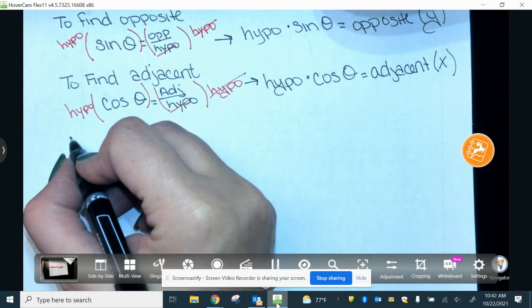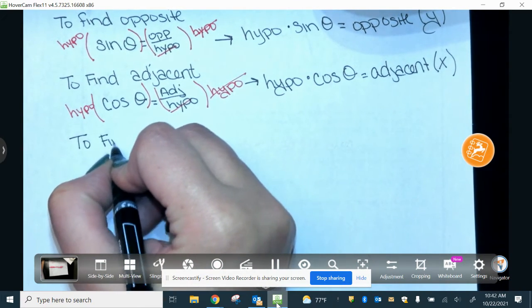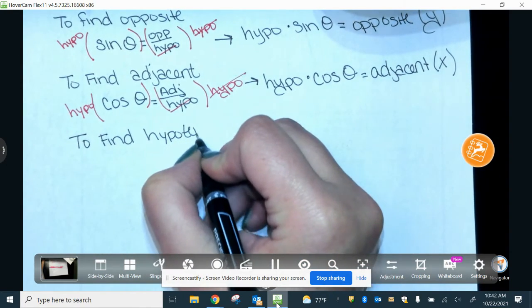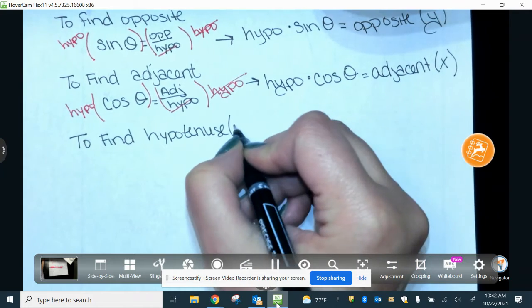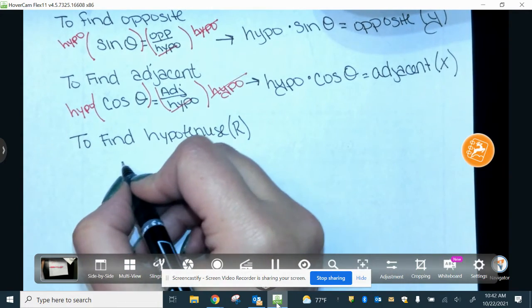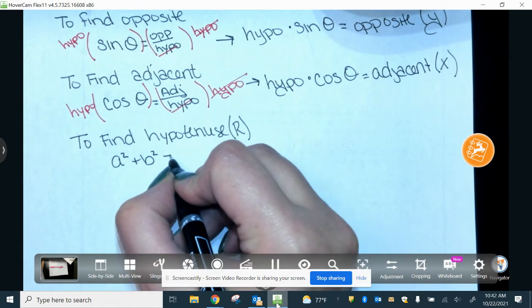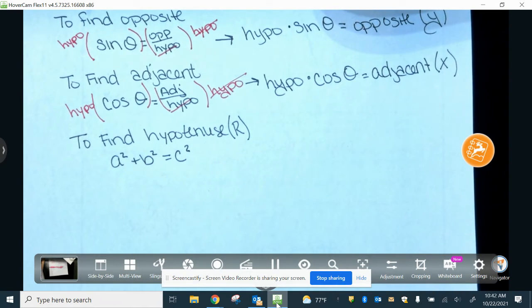As a reminder, to find the hypotenuse, which we did last unit, a squared plus b squared equals c squared.